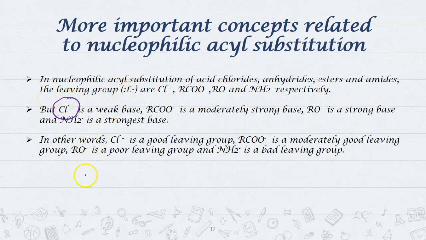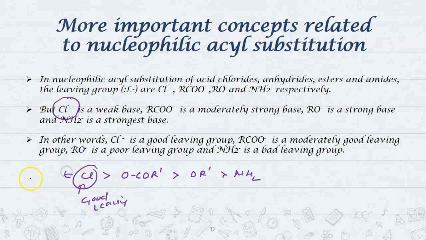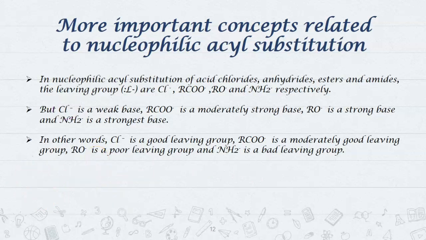Then comes your OCOR dash, then comes your OR dash, then comes your NH2. So which one is your good leaving group? This one is going to be your good leaving group. The reason is that it is going to be less basic in nature. It is basically a weak base, which is why it is going to be a good leaving group. Okay, so that is one thing.